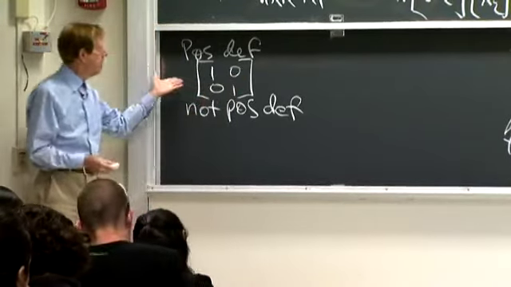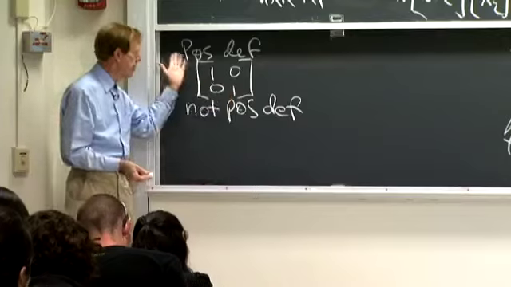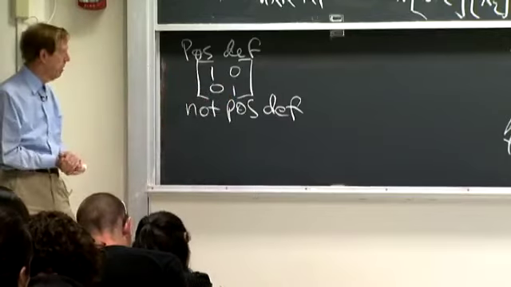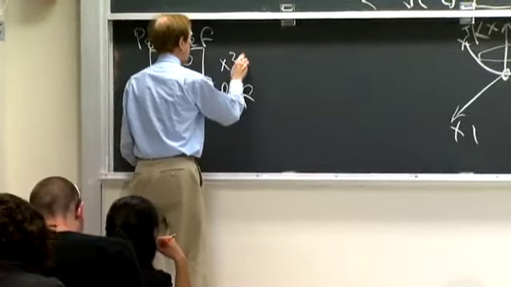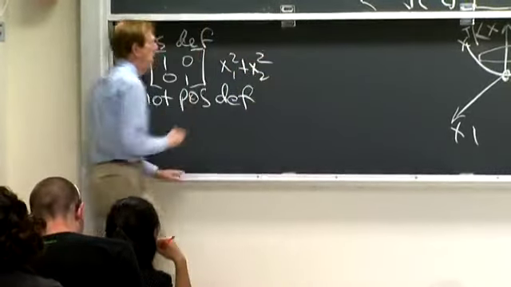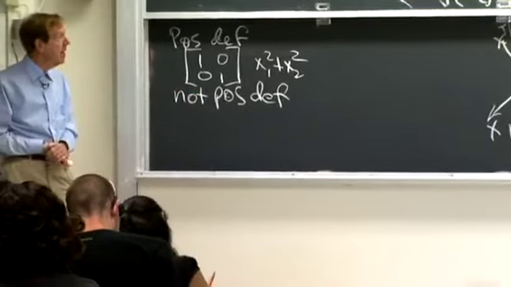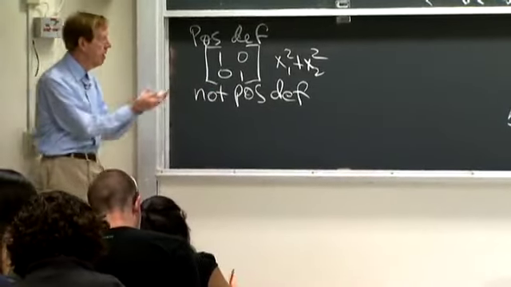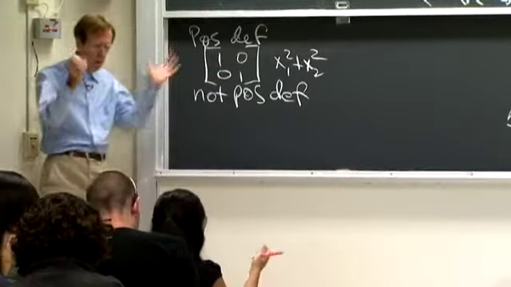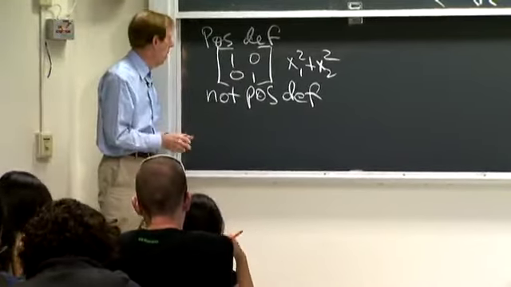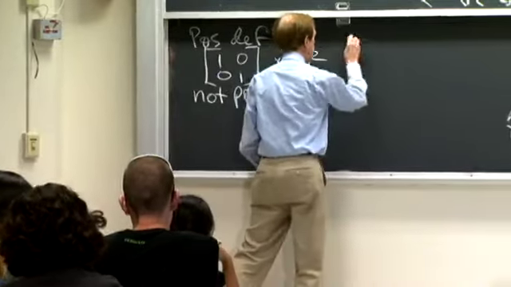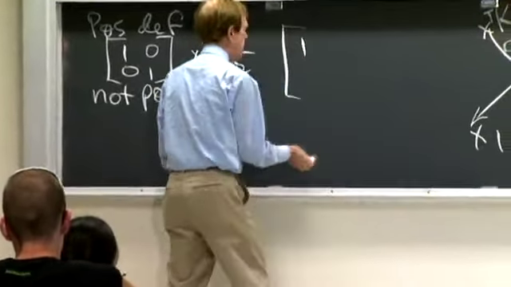That passes all our tests. Its eigenvalues are 1, its pivots are 1, the determinants are 1, and the function is x1 squared plus x2 squared with no b in it. It's just a perfect bowl, perfectly symmetric, the way it would come off a potter's wheel.